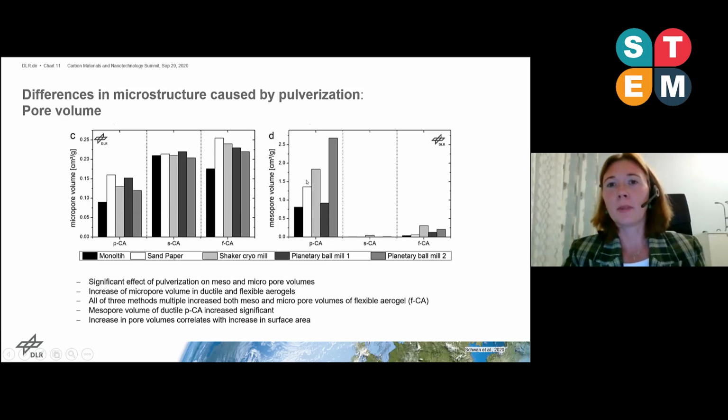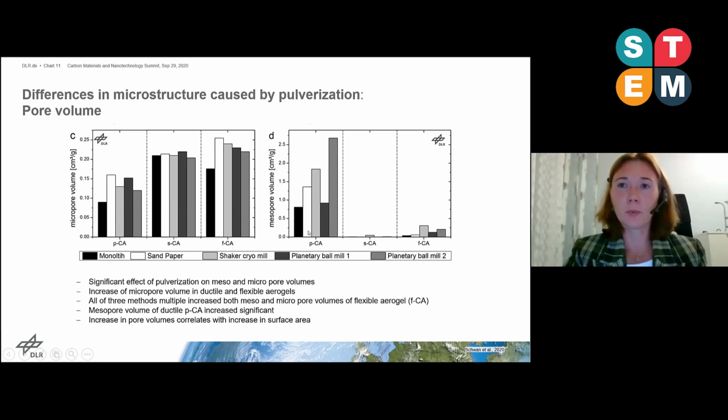When we look at the mesopores, the pores between 2 and 50 nanometers, we see that a very high increase in mesopore volume was observed for the PCA, so it is a mesoporous carbon aerogel. And even in the stiff carbon aerogel, we can see very slight differences. And also for the flexible one, here we could again increase the pore volume.